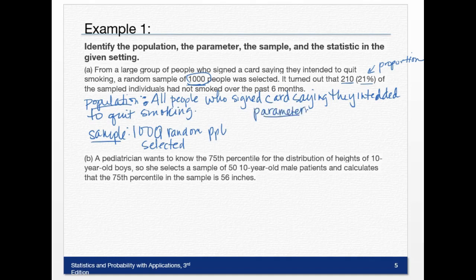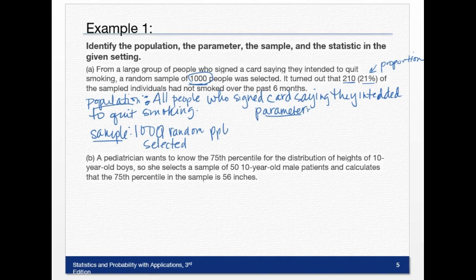What are we trying to predict about the population? We are looking for the true proportion. What we really want to know is the real proportion of all the people. What is the true proportion of the population who quit smoking?